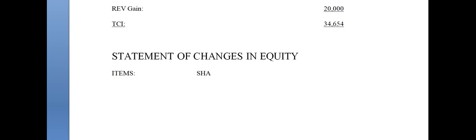I saw share capital in the trial balance. I saw share premium. And then, since there's profit for the year, there's going to be retained earnings.